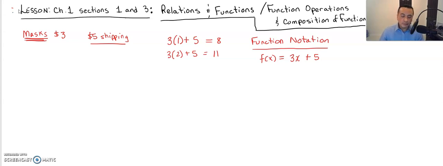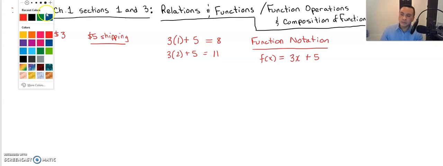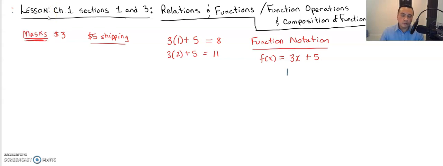From this function notation, you can generate a table of values where x, your input value, determines your output value, which is f of x, or sometimes we just label it as y. So f of x and y represent the same thing when we're dealing with tables and graphs.